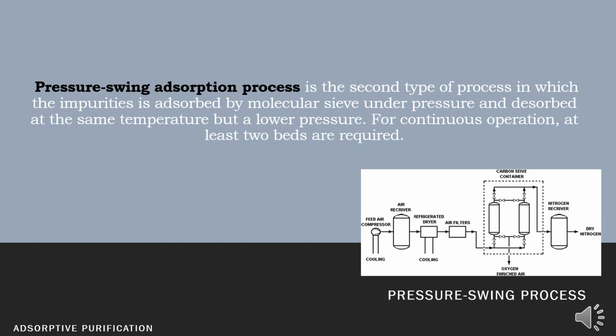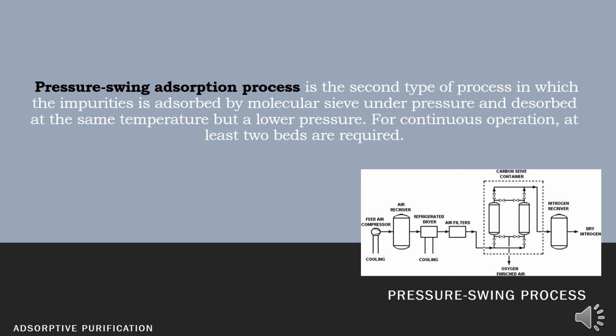We have here the second type of process, which is the pressure swing adsorption process, or the PSA, in which the impurities are adsorbed by a molecular sieve under pressure and desorbed at the same temperature but at a lower pressure. A purge gas may be used for continuous operation. At least two beds are required.